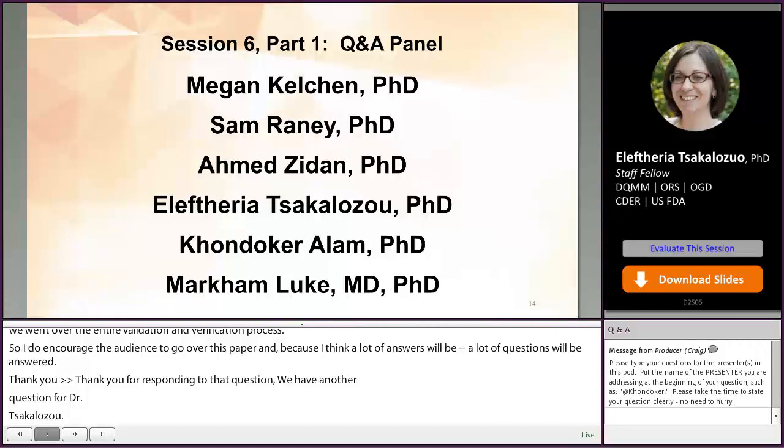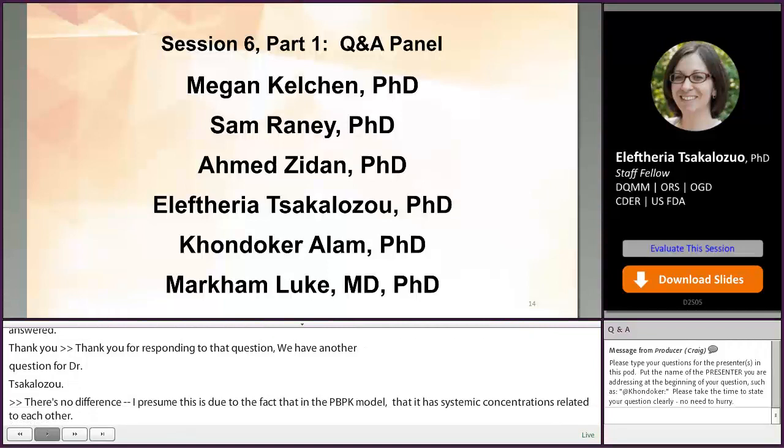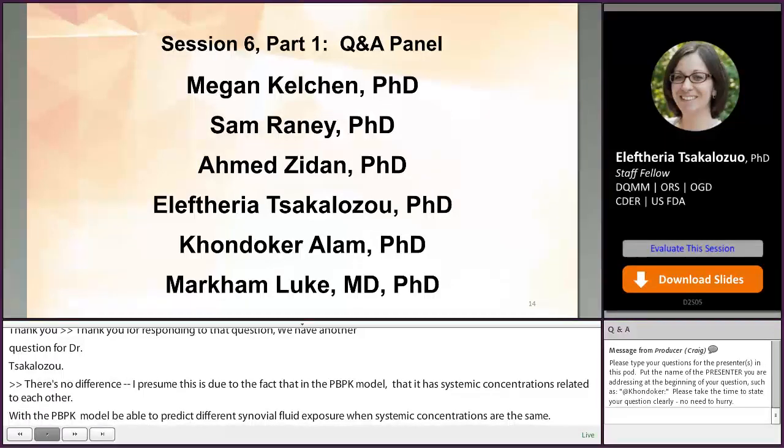Would the PBPK model be able to predict different synovial fluid exposure when systemic concentrations are the same? If not, then what is the added benefit of the model versus a systemic PK only study?